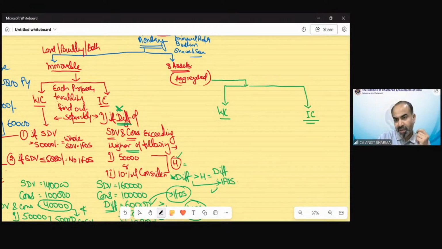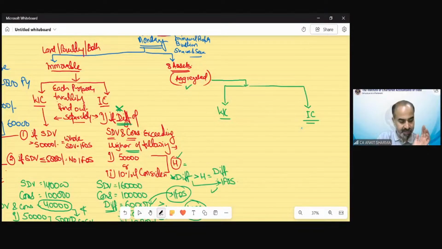The important thing to remember is that it should now be checked in aggregate, not separately as in immovable property. We have to aggregate the value of all these 8 different kinds of assets, and if the aggregate exceeds 50,000, it is going to be taxable.